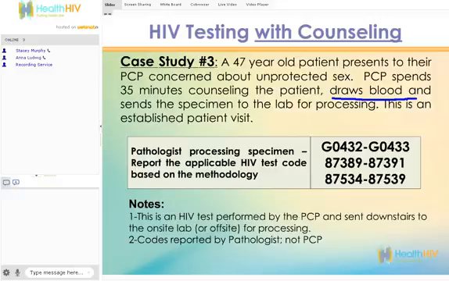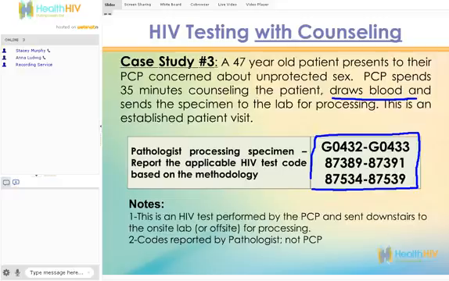So in this case, because there was blood work involved, you would select one of the non-rapid test codes. So in this slide, you'll notice there's a range, and dependent upon the methodology and the type of test would determine which one of these codes you would select. And since this primary care physician has a lab on site, these were sent downstairs for processing.